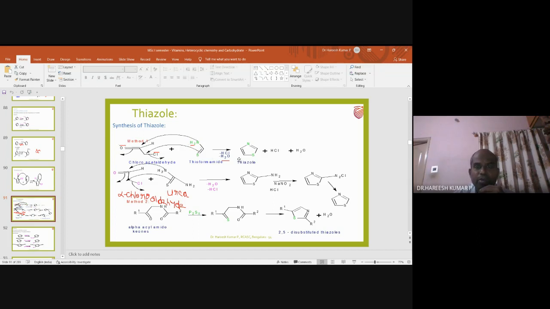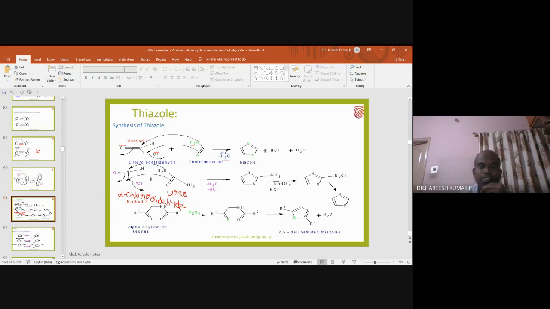That is how there is a removal of water, forming a thiazole. So the removal of water and HCl is happening, in a condensation reaction. These are byproducts, right? This is one method of preparation of thiazole.